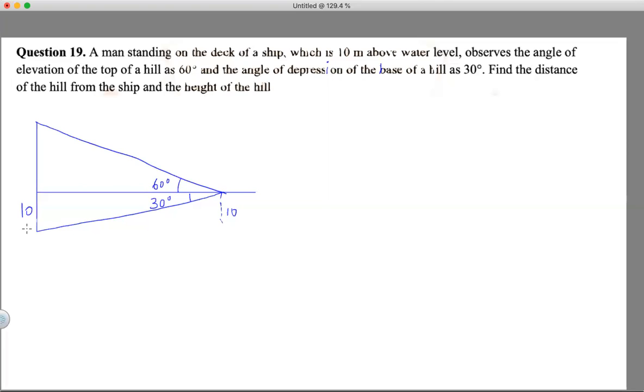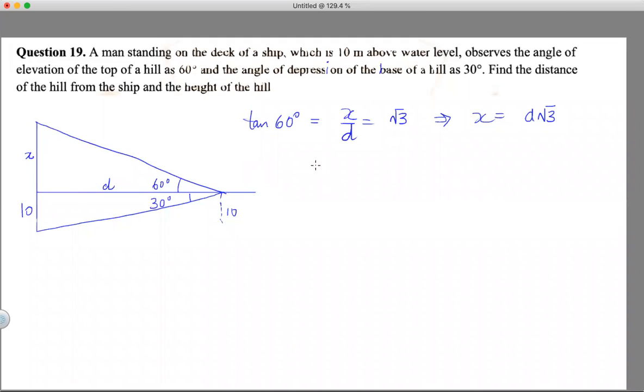Okay, so now we have this length. Let's say the distance is d and the height from here to here is x. Now we can say tan 60 degrees is equal to x upon d, is equal to √3. So we can say x is equal to d√3.